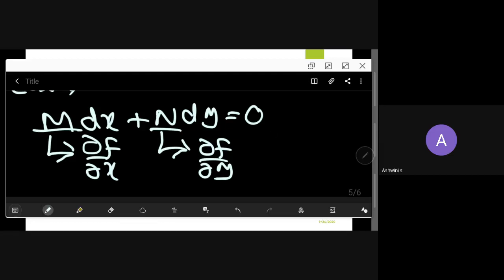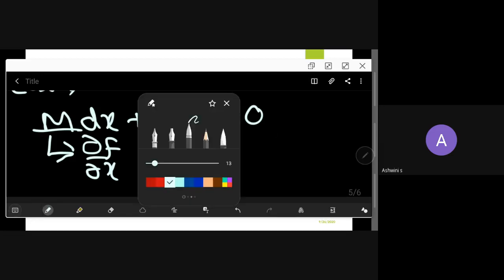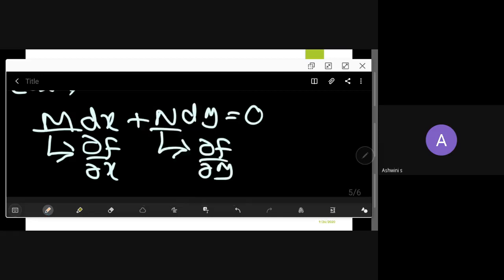In order to look for the existence of such f, there is a condition for exactness: dou M by dou y is equal to dou N by dou x. See, if M is equal to dou f by dou x, dou M by dou y becomes dou square f by dou x dou y. Similarly, dou N by dou x becomes dou square f by dou x dou y.